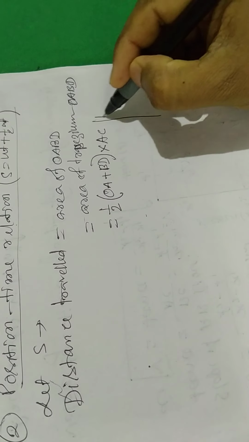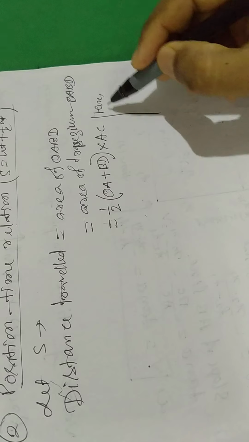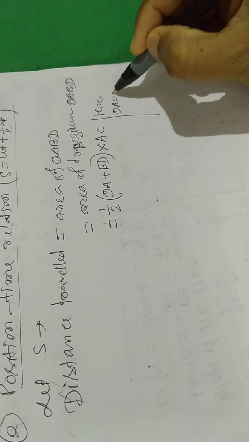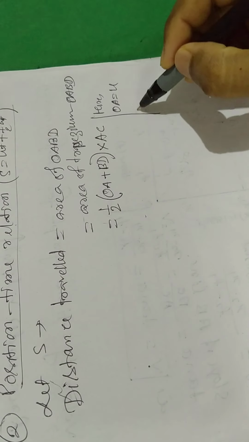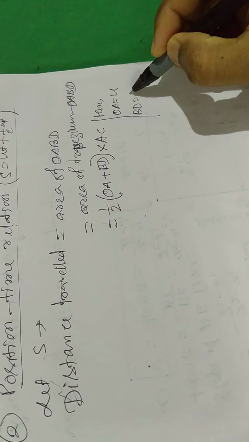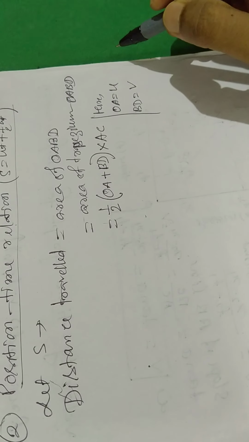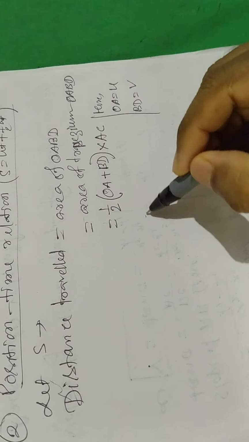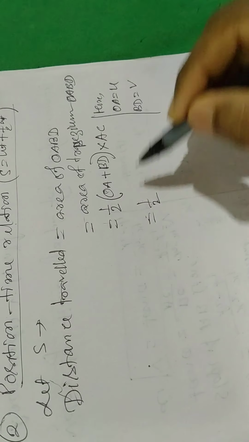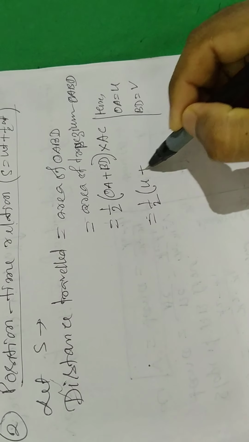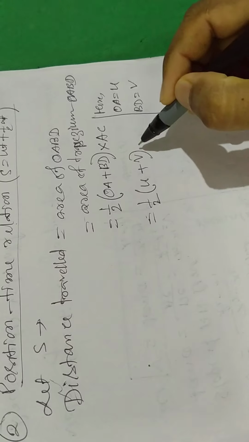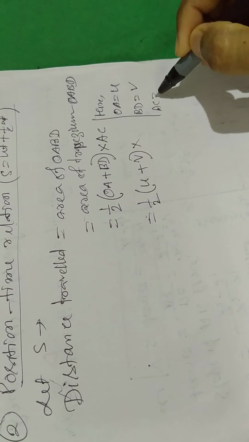Here OA is u, the initial velocity, and BD is the final velocity. Now we are putting the value of OA as u, BD as v, and AC equal to t.